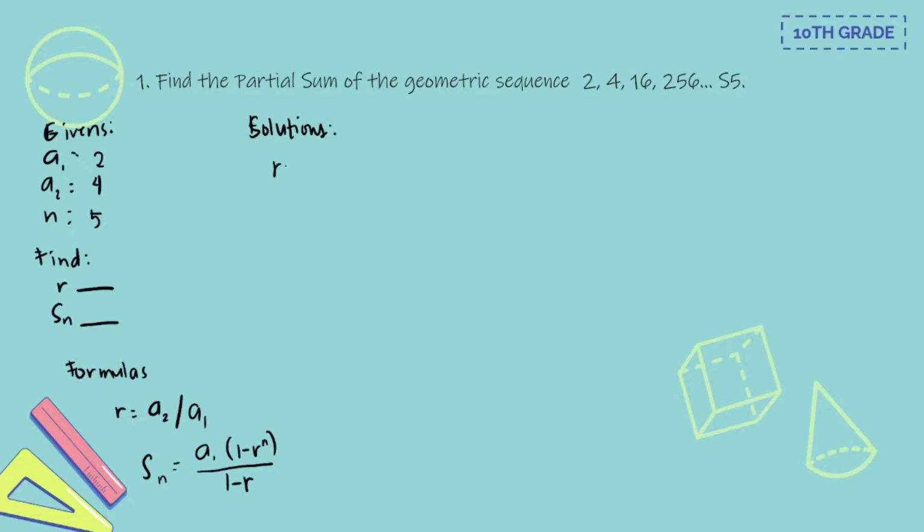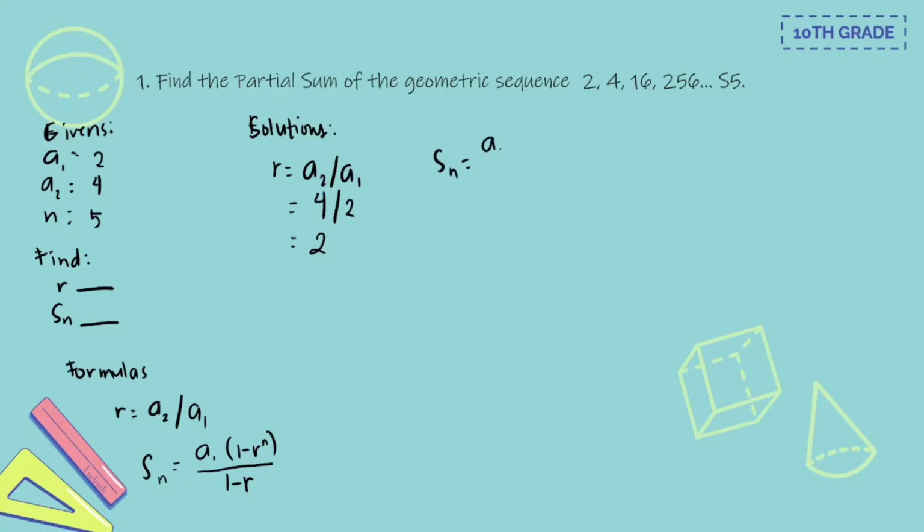So first, the common ratio r equals a sub 2 over a sub 1. Our a sub 2 here is 4 and our a sub 1 is 2. So 4 divided by 2 is 2. So okay, next the S sub n.